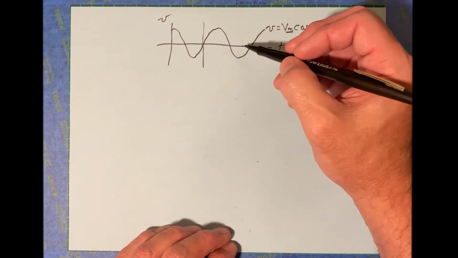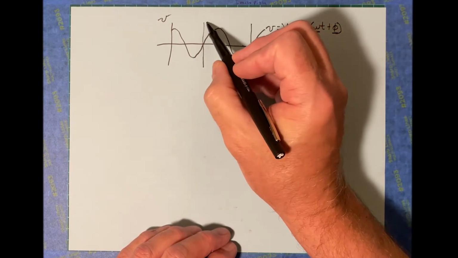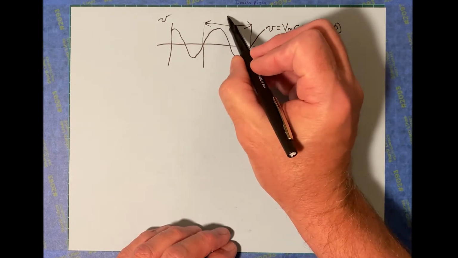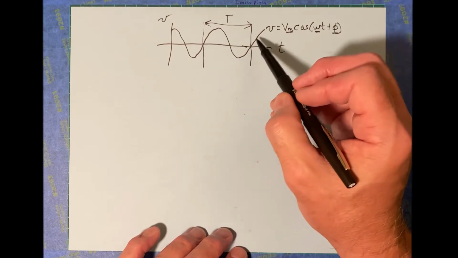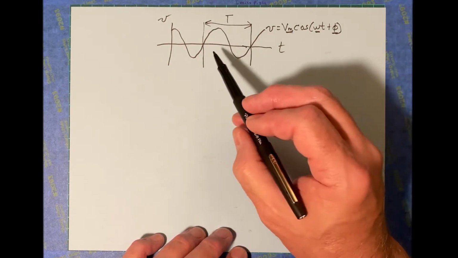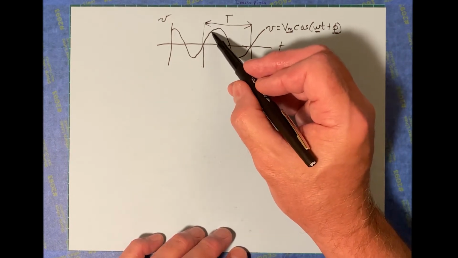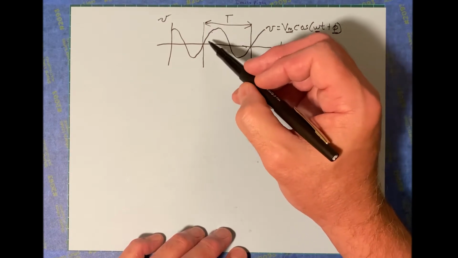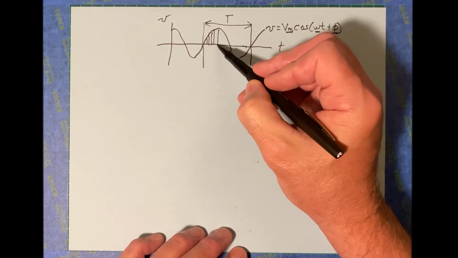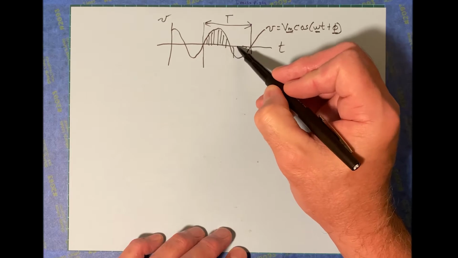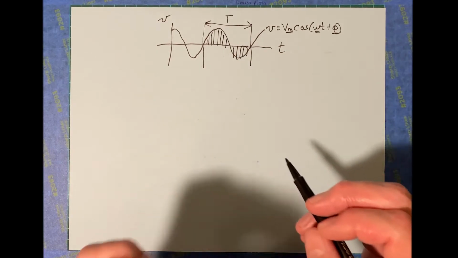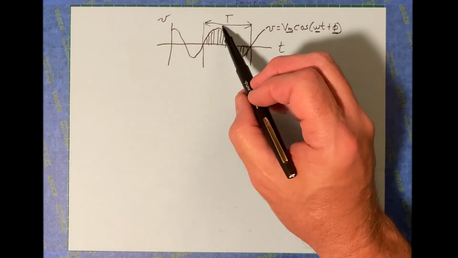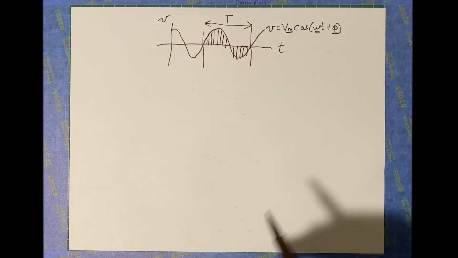Let's start there and go to here. The time in between represents one period of oscillation, and we want to figure out what the average is over one period. If I'd drawn this a little more carefully, it would be more obvious, but if you took all of that area and all of that area and added them together, you should end up with zero, because you've got positive above and negative below. It's going to sum up to be zero.